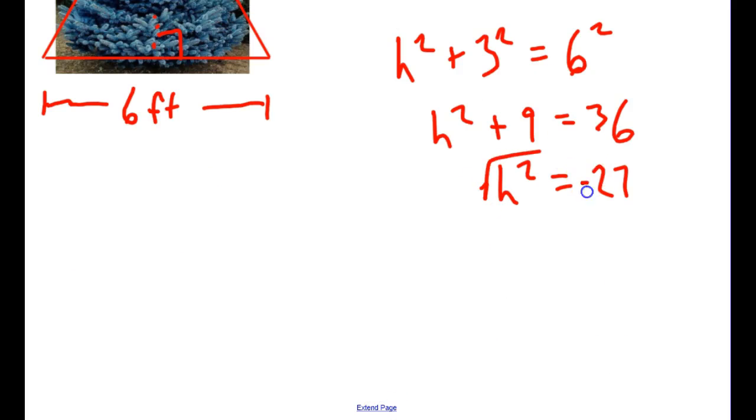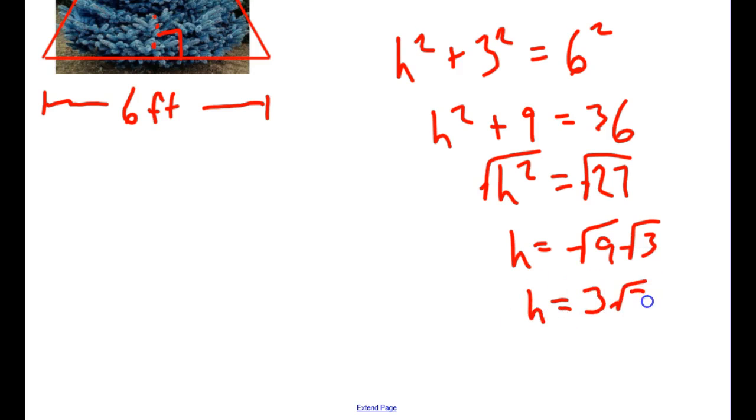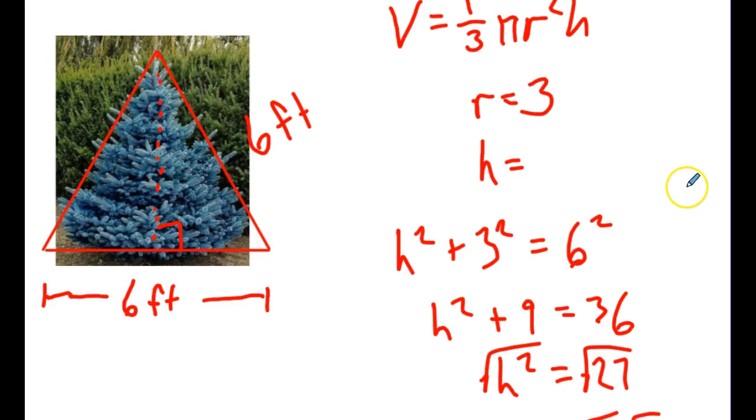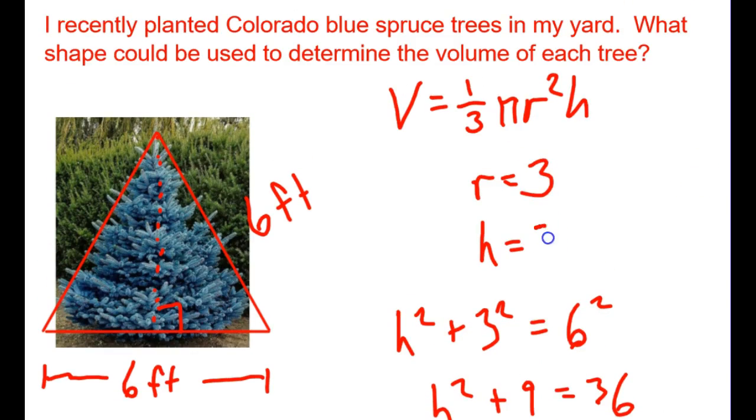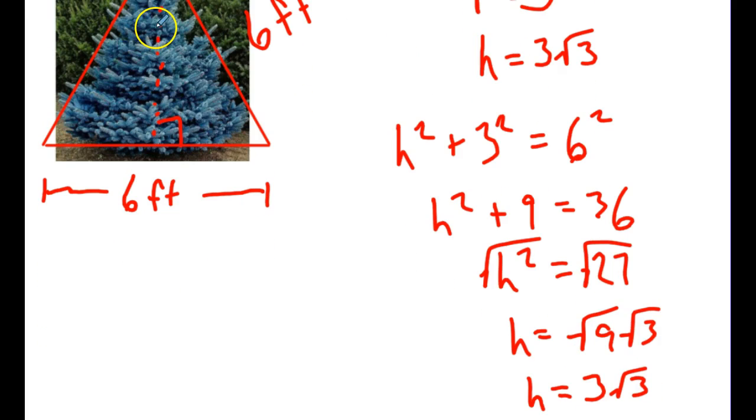Take the square root of each side. H is equal to, we can break the square root of 27 down into radical 9 times radical 3, which is going to be equal to 3 radical 3. Going back to the top, our height is 3 radical 3. Now we can take this information and plug it into our formula to estimate what the volume is going to be.